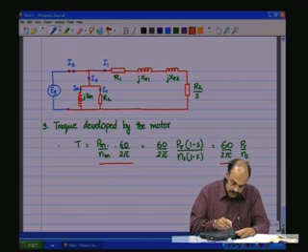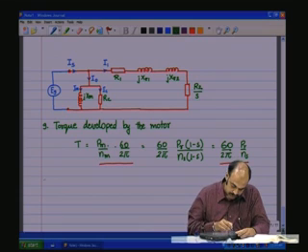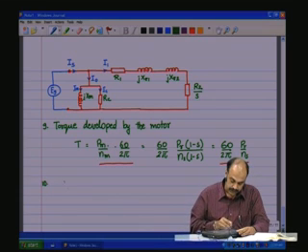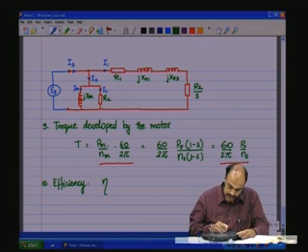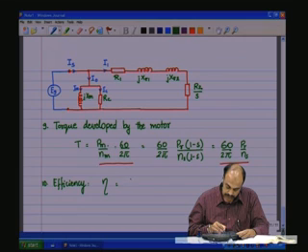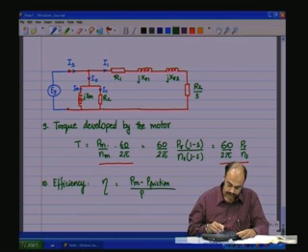Then of course the last point let us put down, that is the efficiency. So efficiency is given by P shaft, that is if you minus the friction. So PM minus P friction by the P, in this case PS.